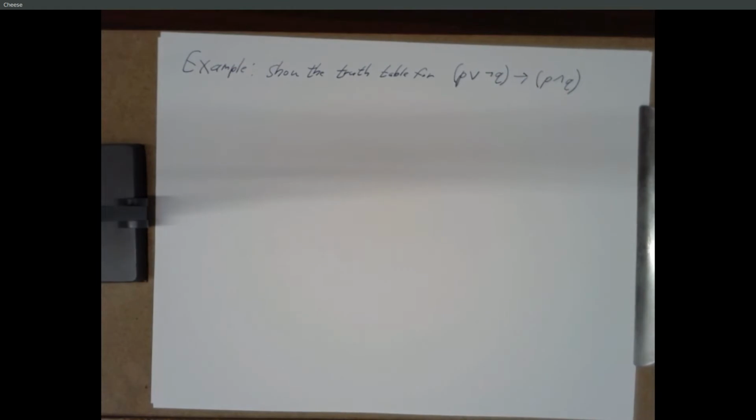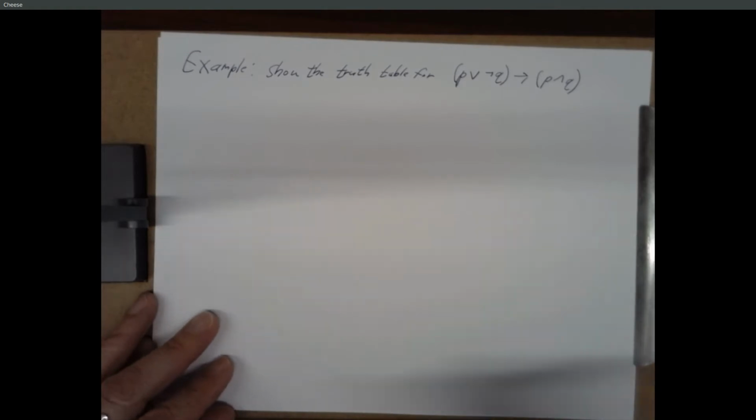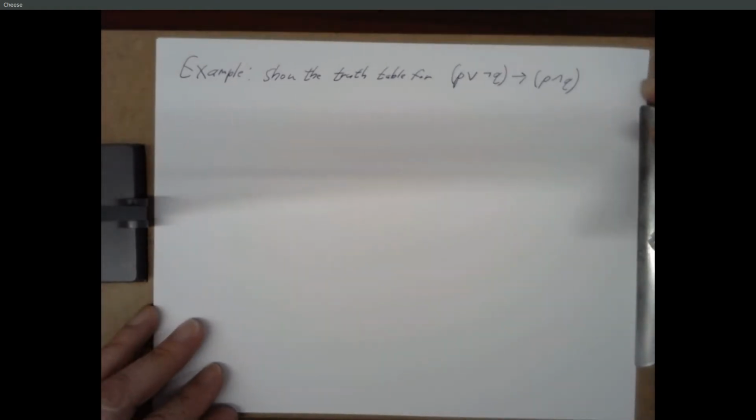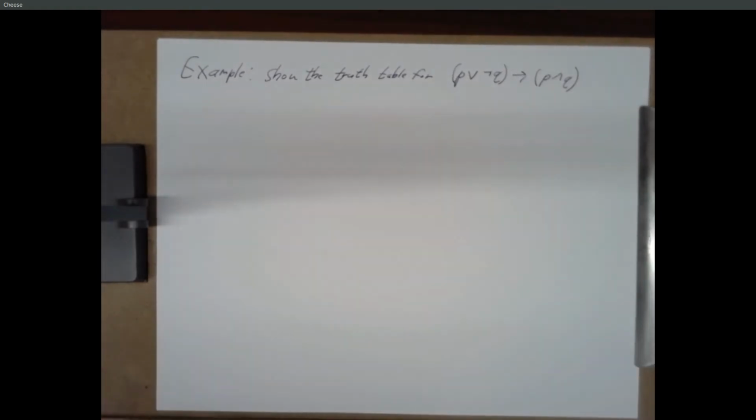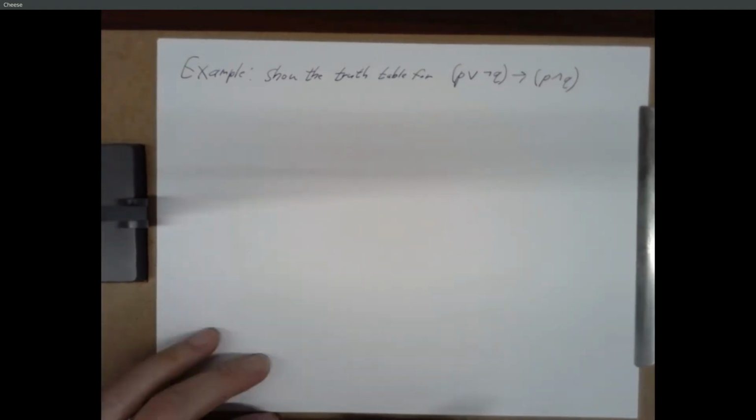P or not Q implies P and Q. And since it's a proposition, we can write a truth table for it. And so you might see this on a homework question or a test where it says show a truth table for this. So let's systematically make this truth table.